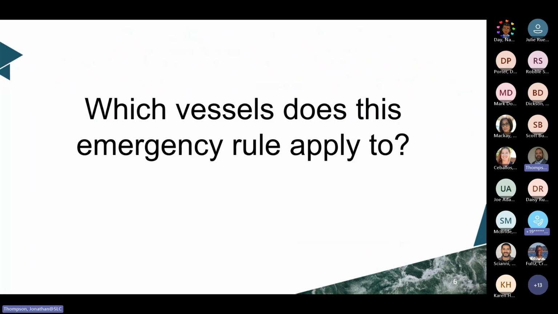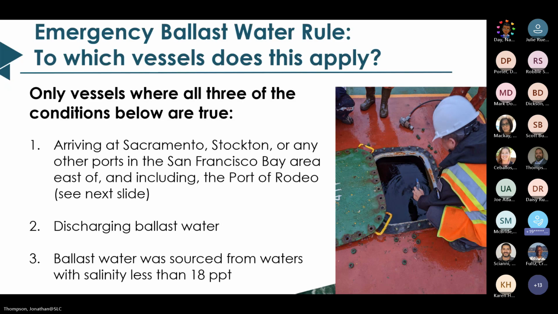So moving on to what the emergency rule is all about. First off, I want to talk about which vessels this emergency rule applies to. The emergency rule only applies if all three conditions on this list are true.